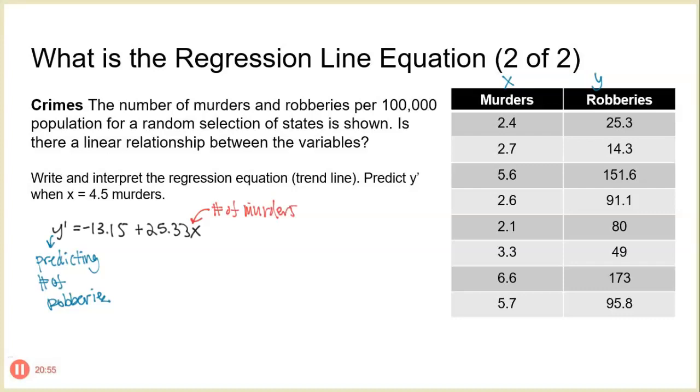Now our y-intercept is always the same meaning. When there are no murders, we expect negative 13.15 robberies per 100,000 people. And again, that doesn't make sense because of how the data is.